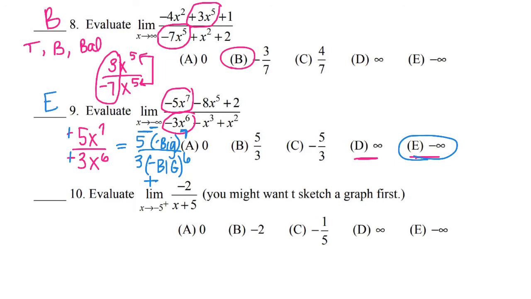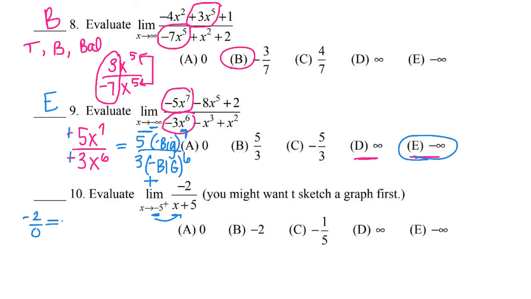Very similar reasoning for number 10. Notice x is approaching negative 5. If I plug in negative 5, I get negative 2 over 0. I would need to factor and cancel, but there's nothing to factor and cancel.